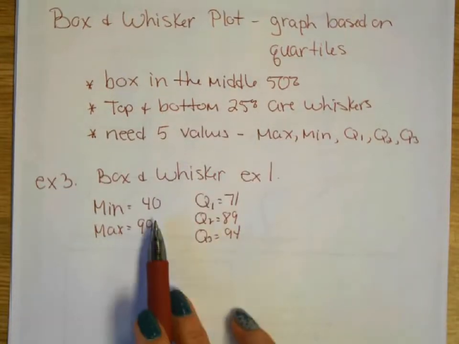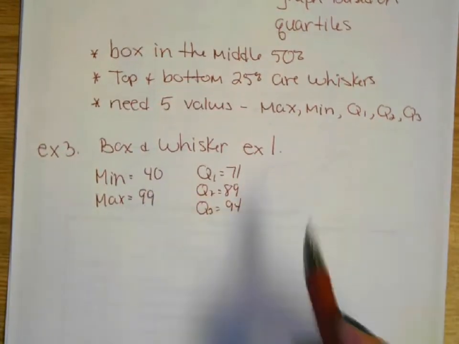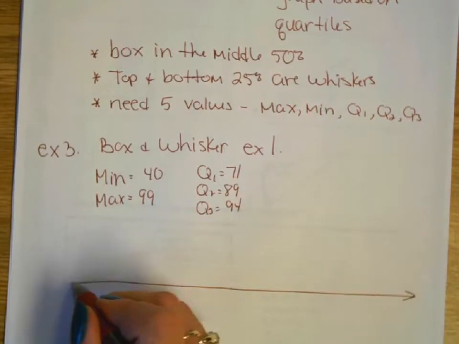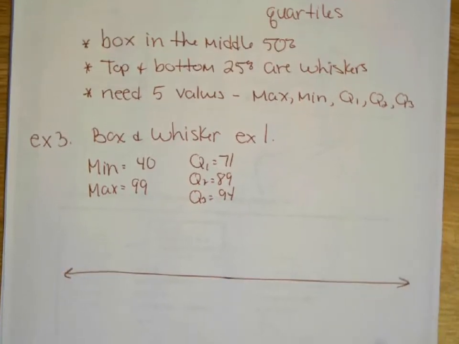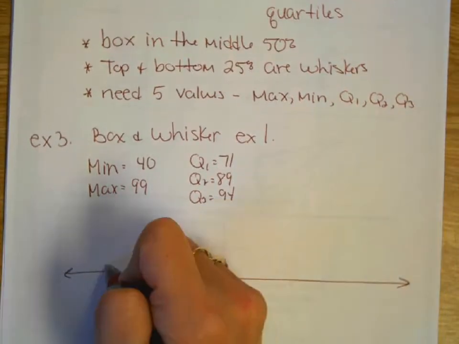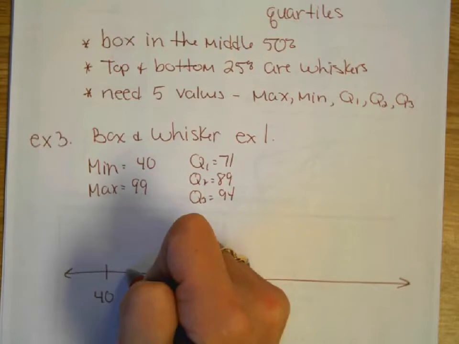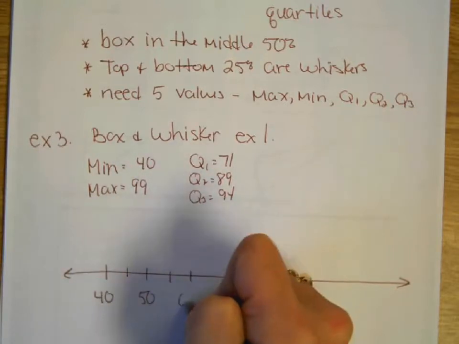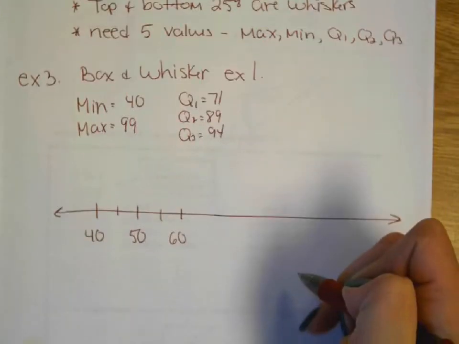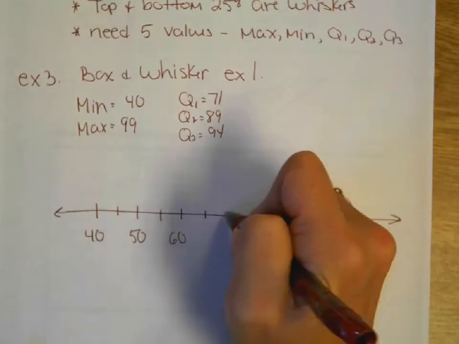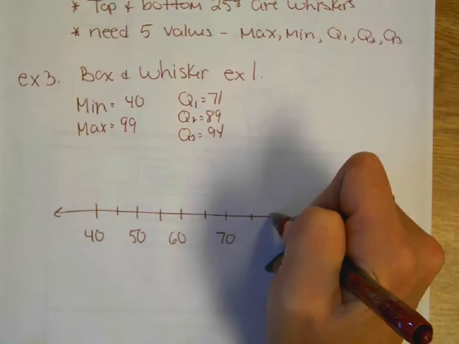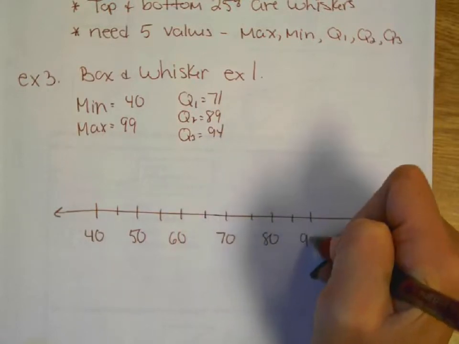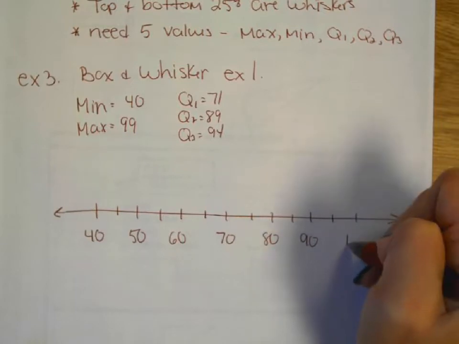So we need a number line that goes from 40 to 99. So I think I'll just go 40 to 100 and count by 5. 45, 50, 55, 60, 65, 70, 75, 80, 85, 90, 95, 100.